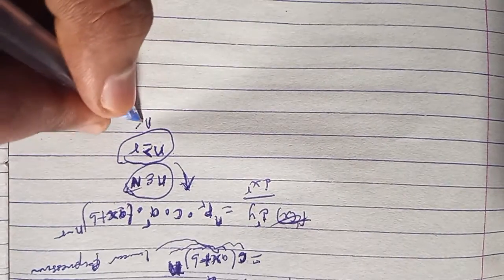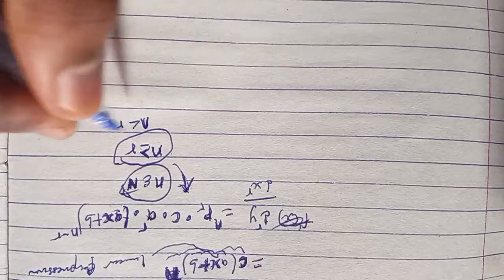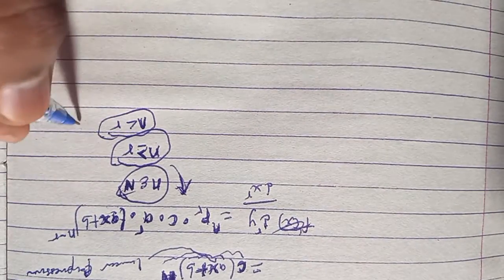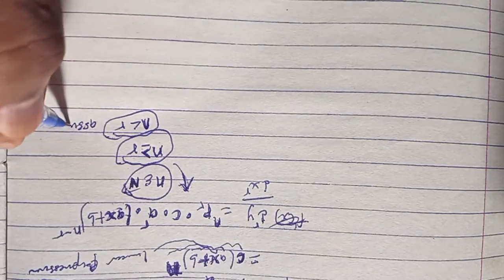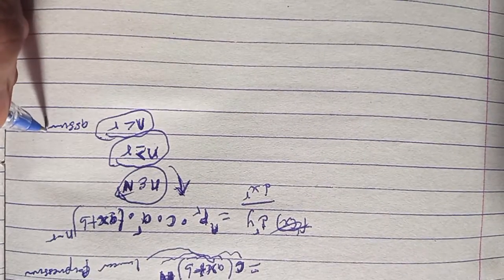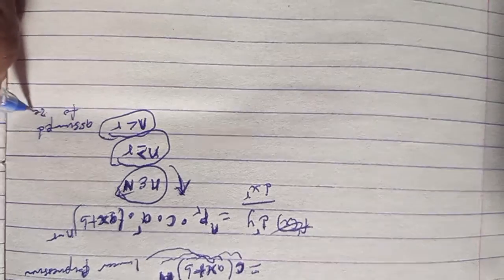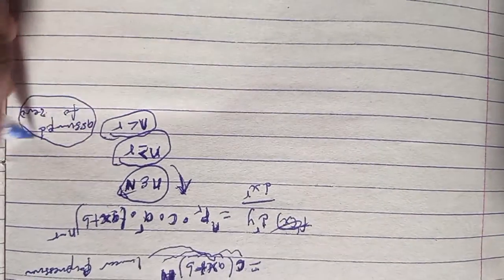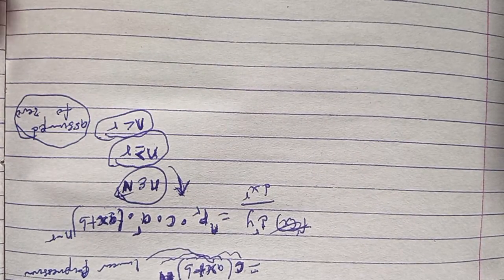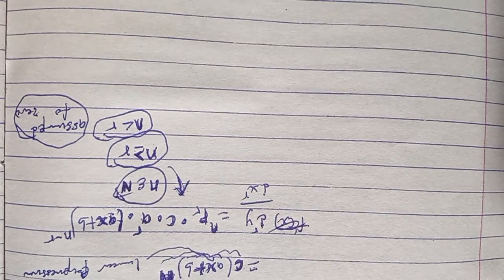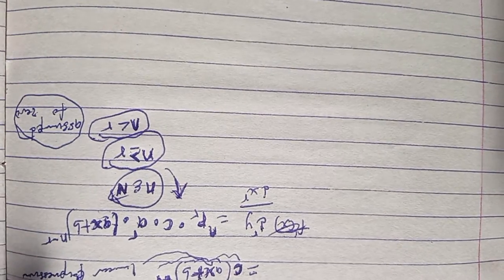Then when n is less than r, the differential is assumed to be 0. Though your calculator will give you an error, it is always assumed to be 0.